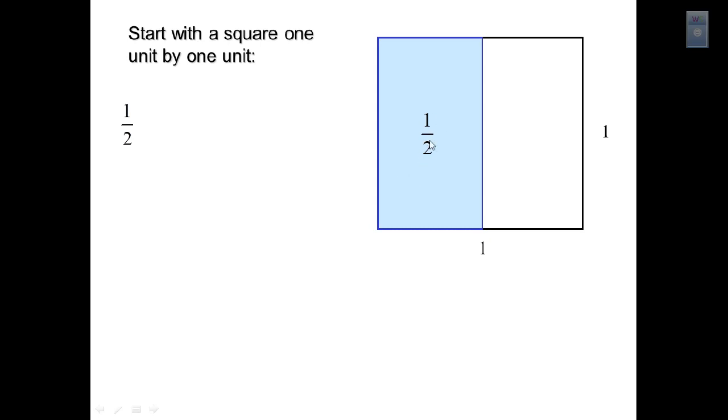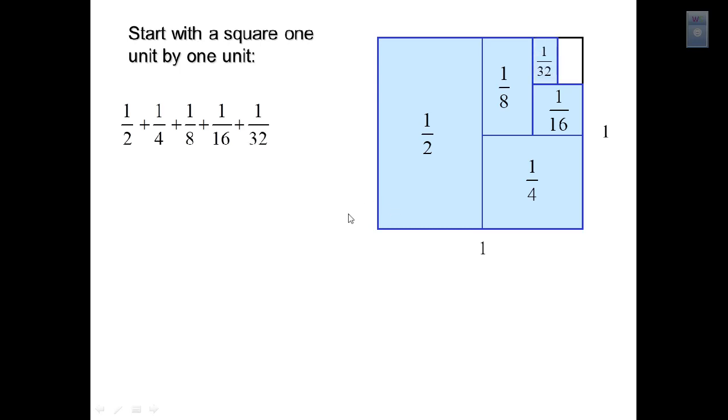So for instance, if I took 1/2 the first time, what is 1/2 times 1/2? Well, it's going to be 1/4. And we're going to take 1/2 of 1/4 and get 1/8. And we're going to take 1/2 of 1/8 and get 1/16. And 1/2 of 1/16 and get 1/32.